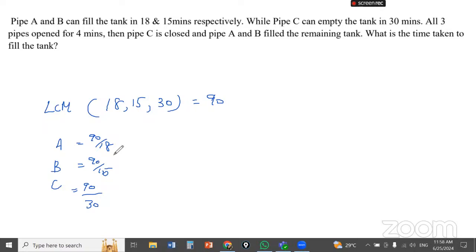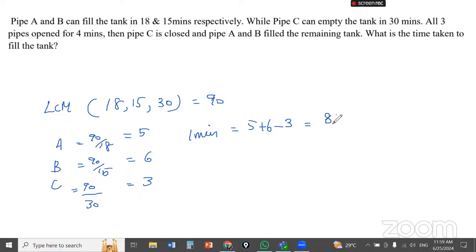Let me check, wait. So for 90, 90 upon 18 is 5, 90 upon 15 is 6, and this is 3. So in 1 minute, A, B, and C, all of them together, the work done will be 5 plus 6 minus 3, that would be 8.